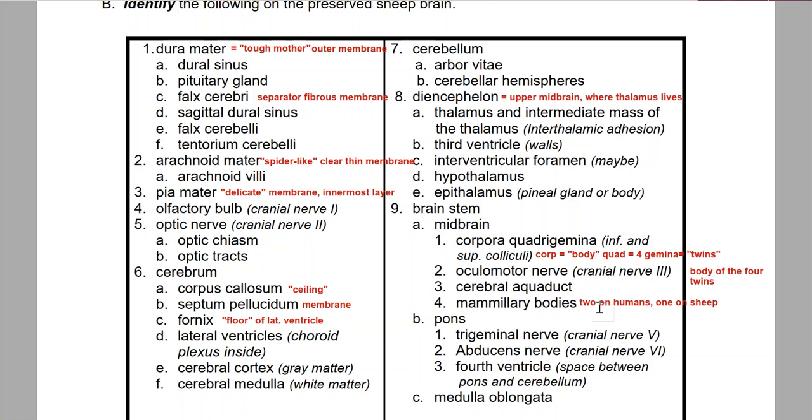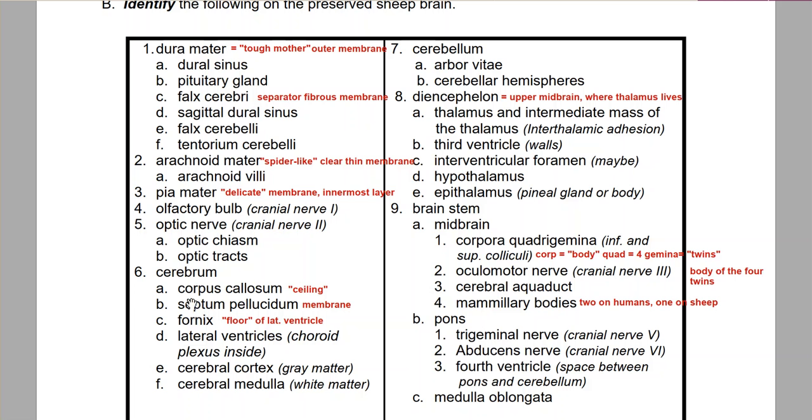There'll be two little bumps on the human brain, so they look a little bit like little boobies. That's why it says mammillary. There's only one on the sheep brain, so it's a location thing, and I'll point that out when we see it on the sheep brain. And then pons and medulla oblongata are pieces of brain architecture, and then some of the nerves and ventricles that are associated with that location.